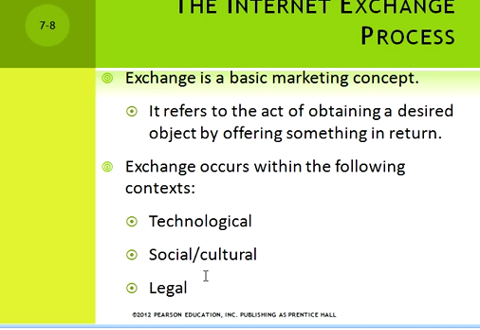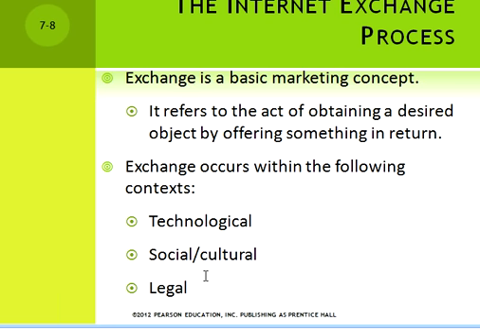Let's go back to the exchange process when we talk about basic marketing, and we say that marketing is an exchange process, which means we are referring to the act of obtaining a desired object by offering something in return. So we might be interested in a certain product, and of course this is exchanged with money in this case.